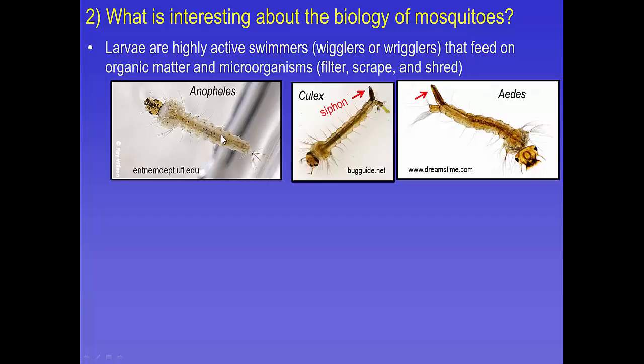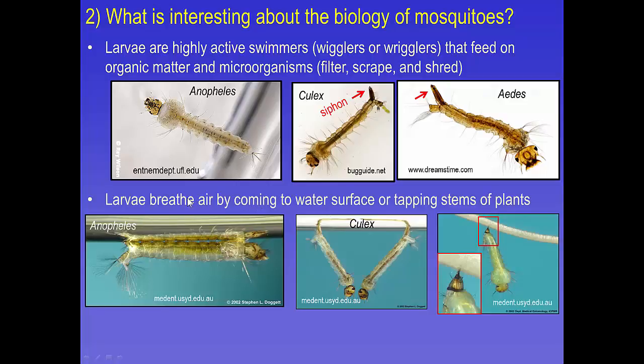Now, interestingly, although larvae are aquatic organisms, they breathe air. And the way that they breathe air is by coming to the water surface, as you would see in the Anopheline species, and breathing through spiracles on the abdomen. Or in the case of the Culecine species, they can use that respiratory siphon to pierce through the water and breathe air.